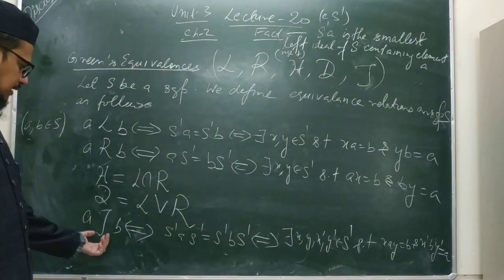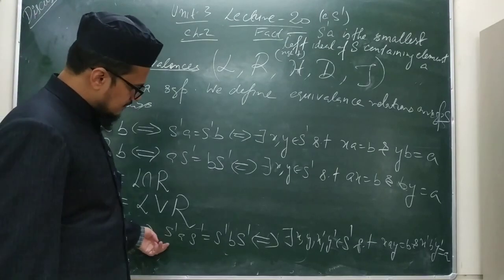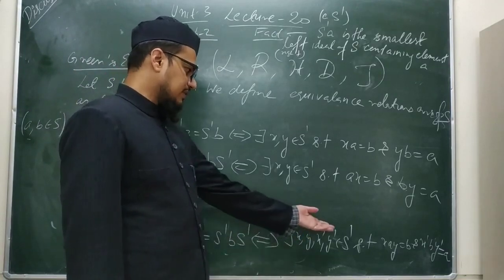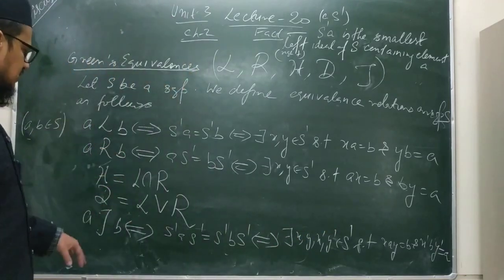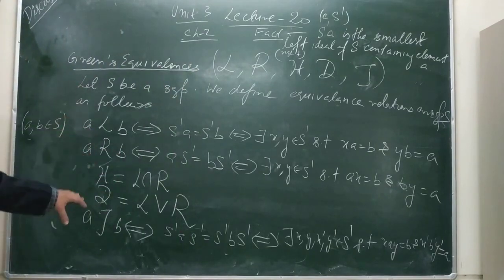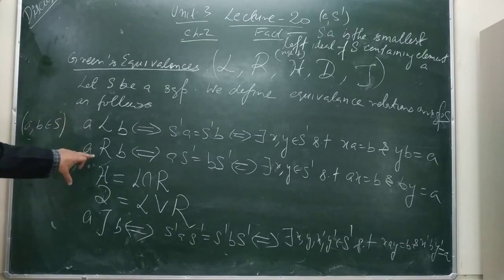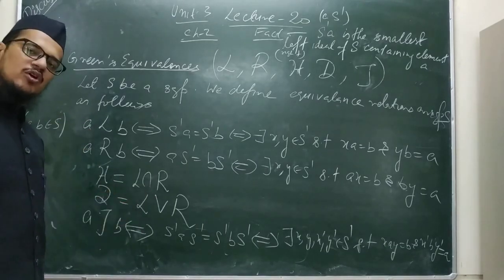So aJb is defined as S1aS1 equal to S1bS1, and equivalently you can say it like this, isn't it? So in this way these are the five equivalences on a semigroup S: L, R, H, D, J, and they play a very important role in semigroup theory.